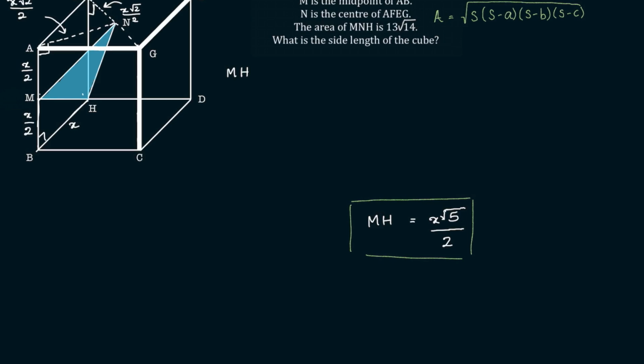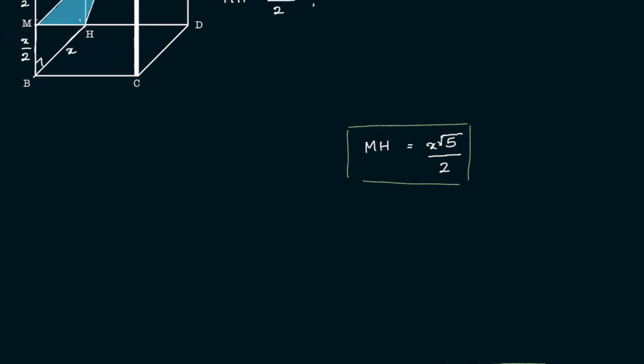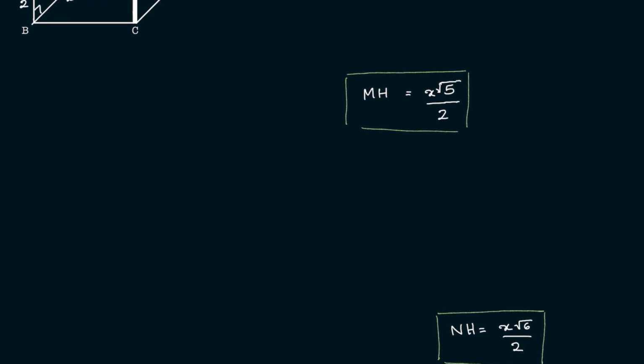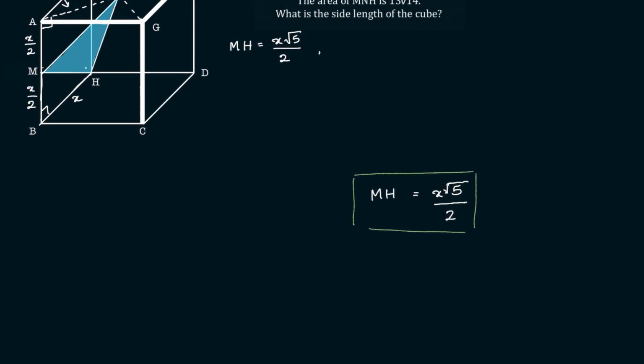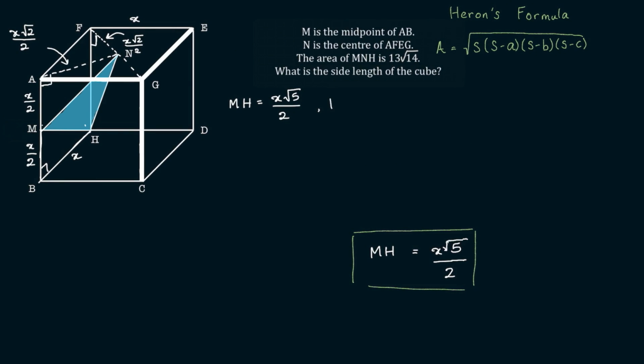So we have that MH is equal to x root 5 over 2. We have that NH is equal to x root 6 over 2.